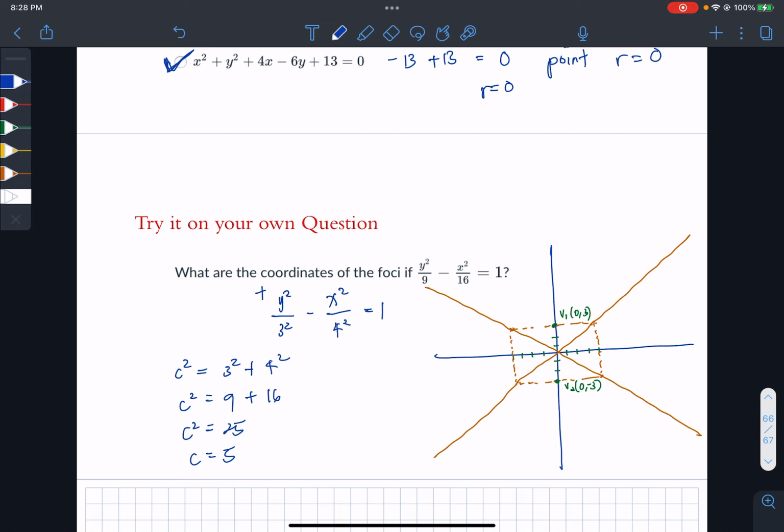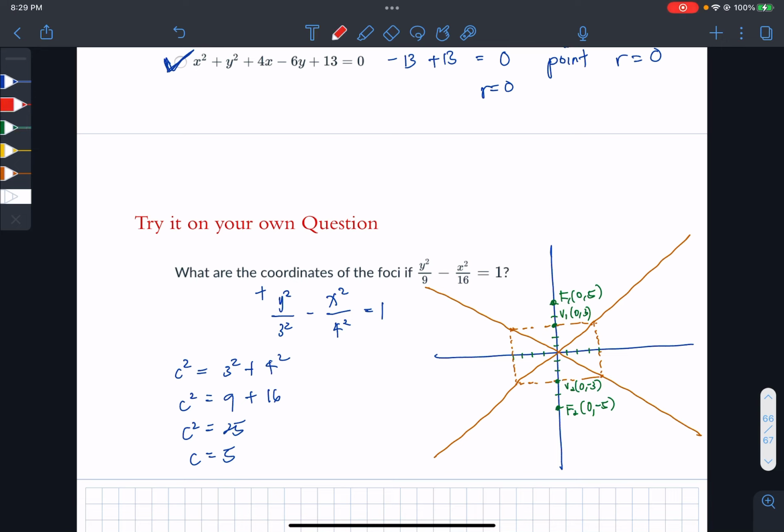So, saan ba ang focus natin nun? So, ang focus natin is nandun siya sa vertex, along the vertex. So, 1, 2. 1, 2. So, ang F1 natin would be at 0, 5. Ang F2 natin is at 0, negative 5. So, this is our focus nun.